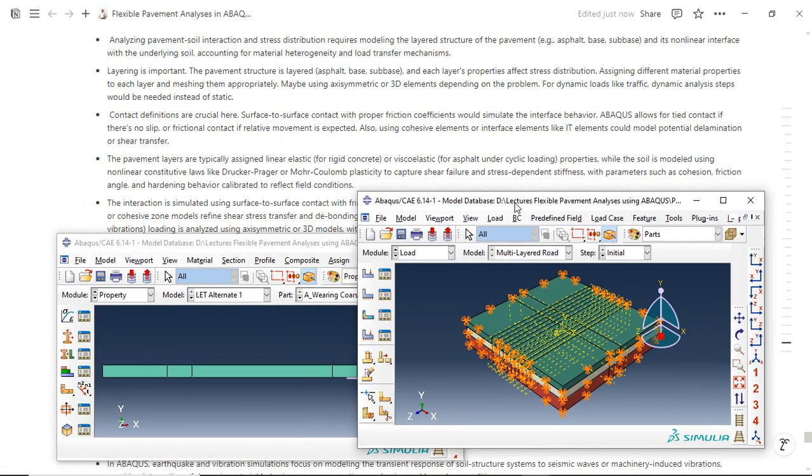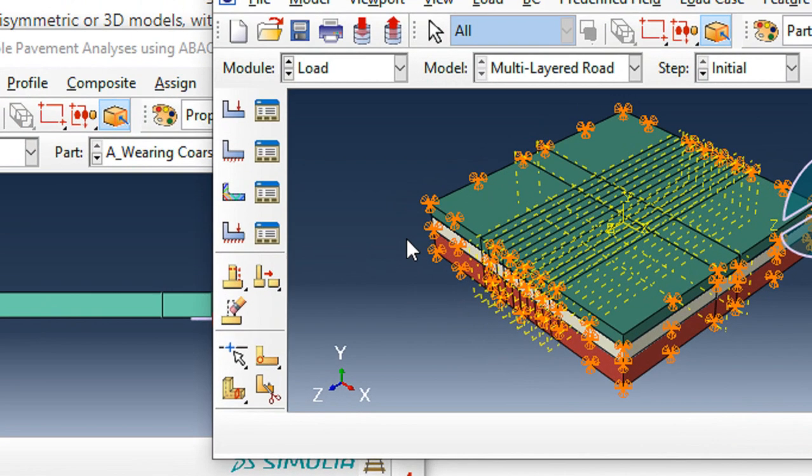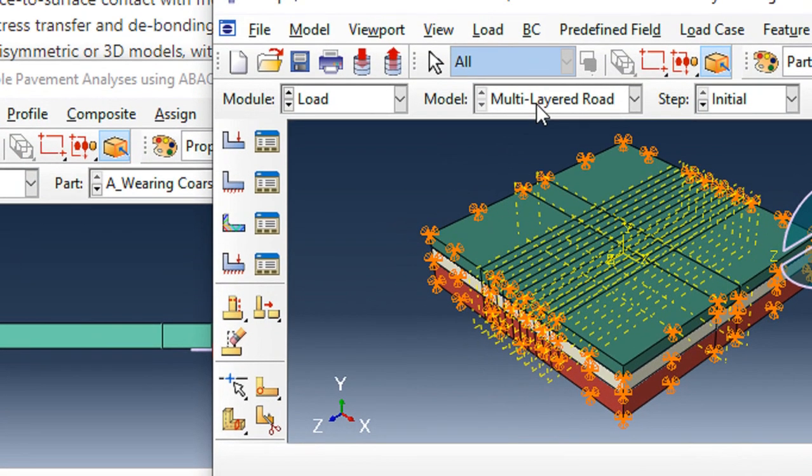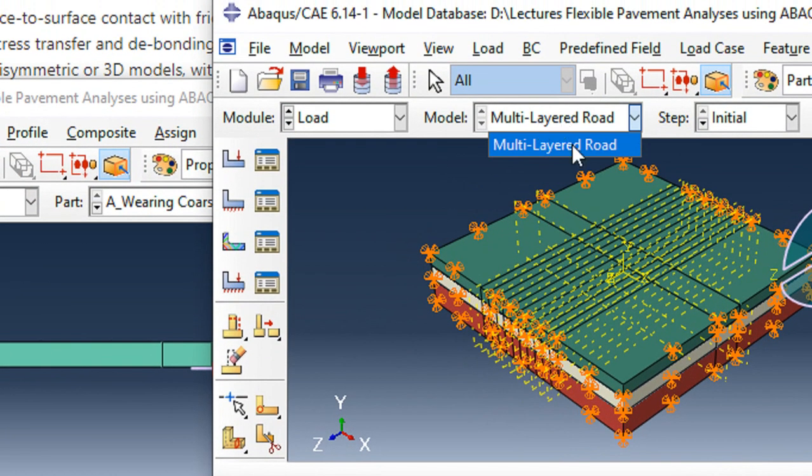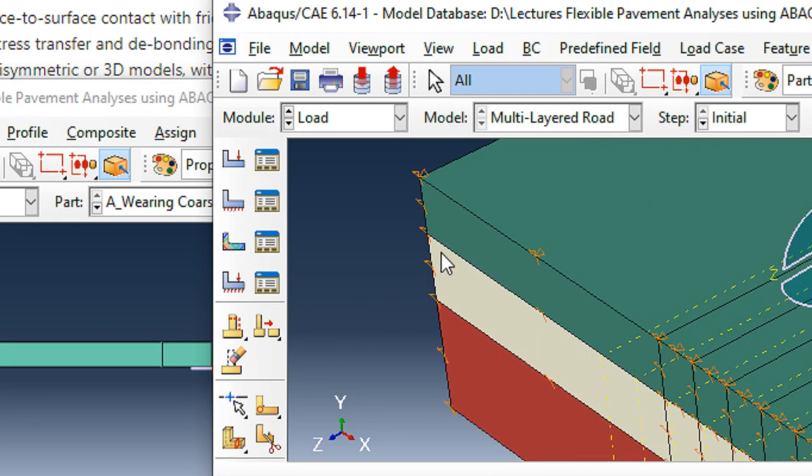If I'm discussing this multi-layered system here, and your focus is on the soil and pavement interaction, you should consider this layer. For example, we have this layer and this layer, the top one, the middle one and the bottom one. These are important in interaction, and let me discuss this in detail.